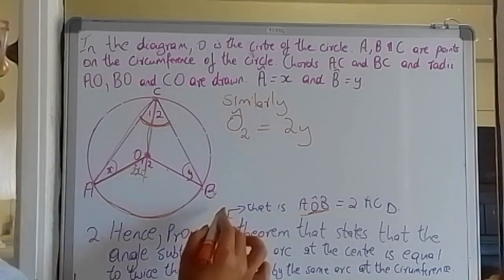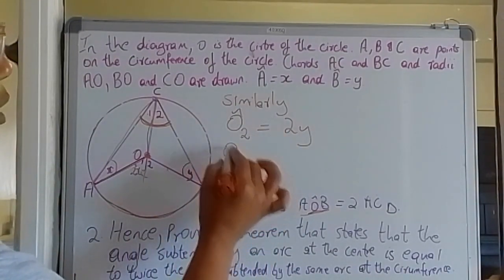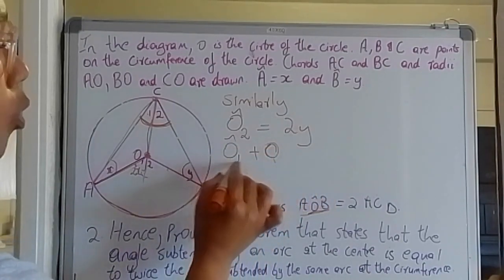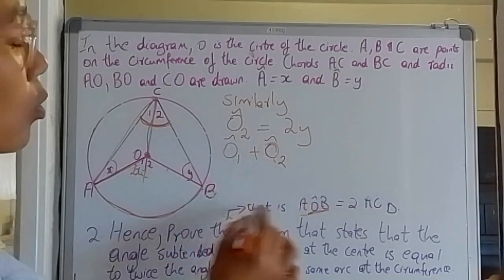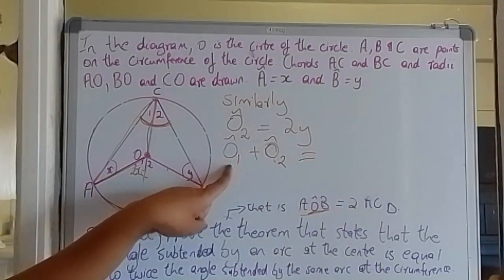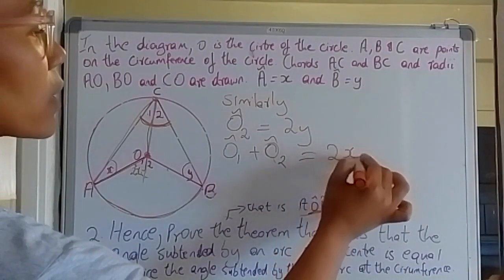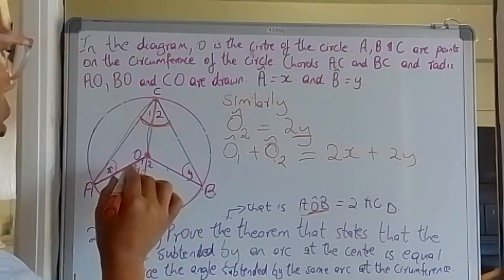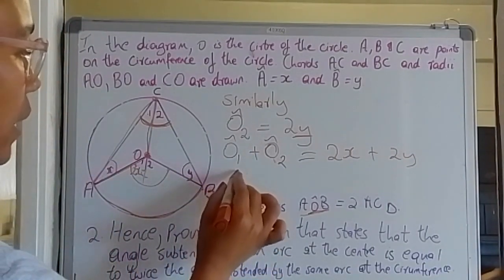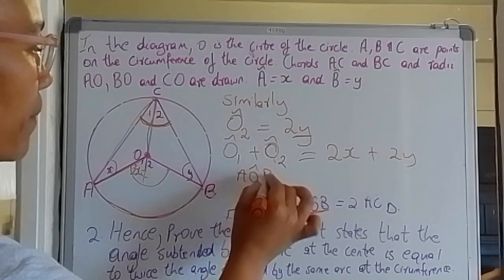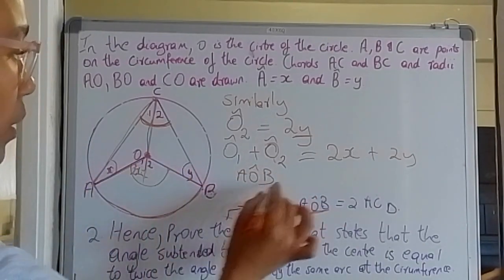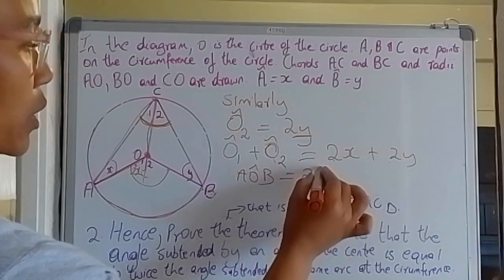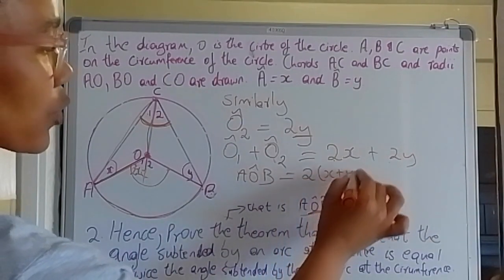So what we're going to do after this is to add angle O1 with angle O2, which is equal to 2x plus 2y, right? So O1 and O2 together make angle AOB, which is equal to, if we take 2 out as a common factor, 2 times (x plus y).